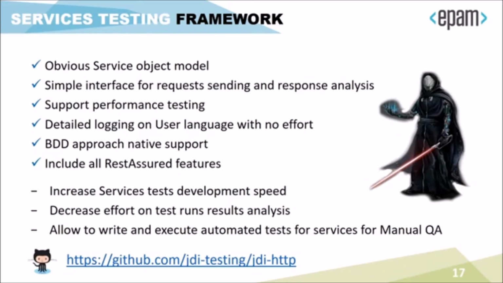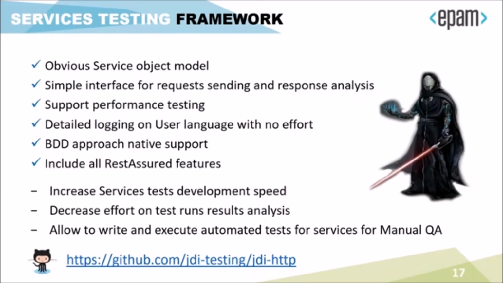We have performance testing here out of the box. You will have detailed logging for all your actions, like what requests are sent and what responses you get. We have some BDD approach around it, and this can be used in some cases.